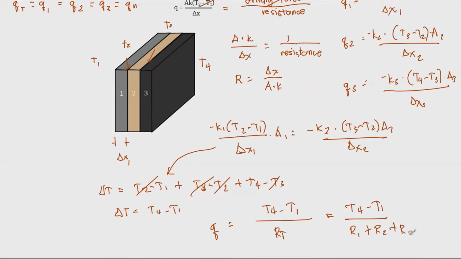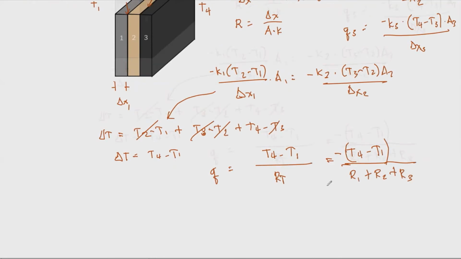In this case, we only have 3, so let's just sum them. And remember, if T1 is higher than T4, we could always add some negative here. Okay? If we do have R1, R2, R3, then we can simply write here the expression of each resistance that we've already solved.